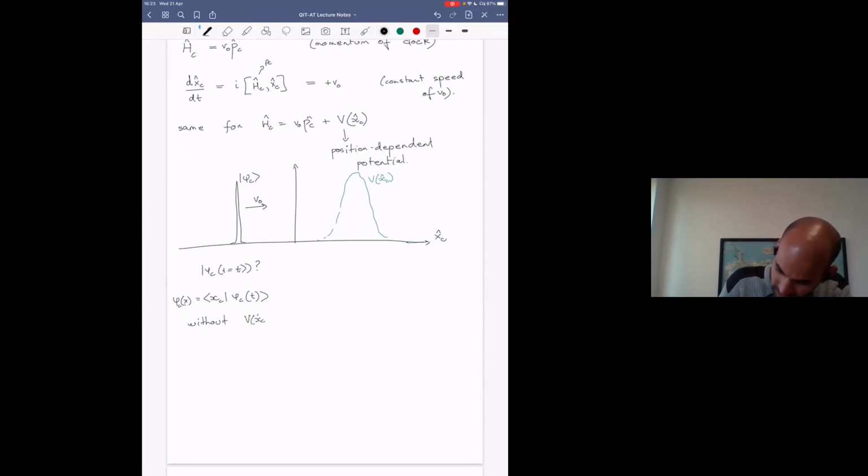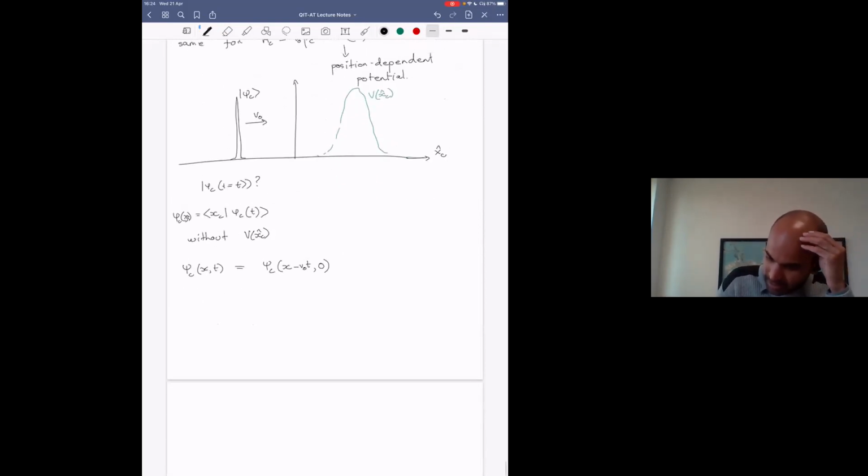So without the interaction, without V of x, you have that psi c of x comma t is just equal to psi c of x minus v naught t, comma 0. This is just to say that the wave function at a point x is exactly what it was left of the point x as time passes by.